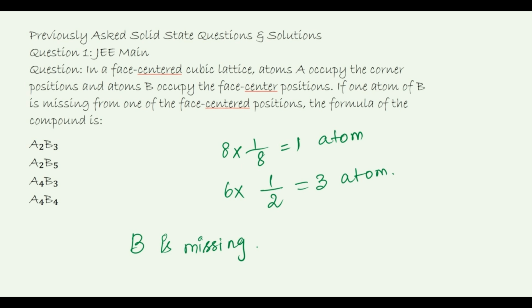In that case, 3 minus 1 becomes 2 atoms. So the ratio will be 1:2. Correct. Among the given options, A2B3, A2B5, A4B3 and A4B4, which one is correct?